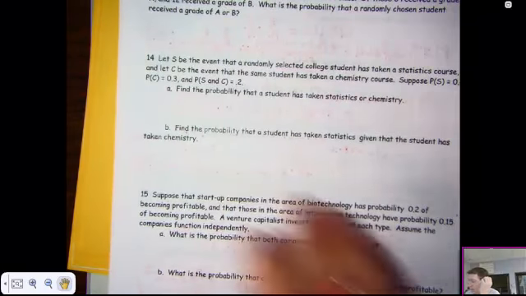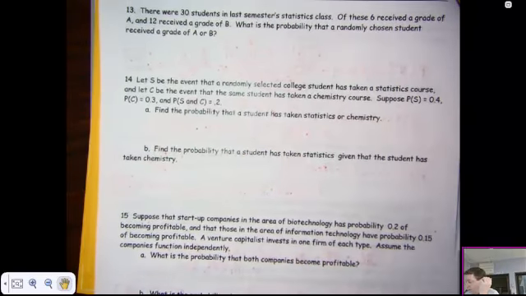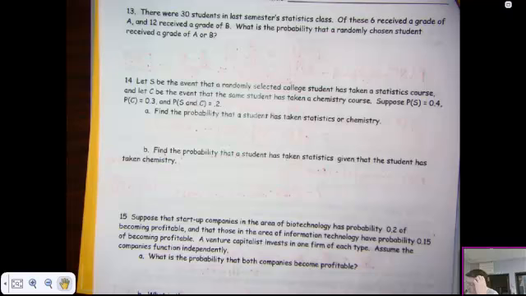If there were 30 students in last semester's statistics class, of these, 6 received a grade of an A, 12 a grade of a B. What's the probability that a randomly chosen student received a grade of an A or a B? When you see the or, what do you have to decide about the events?